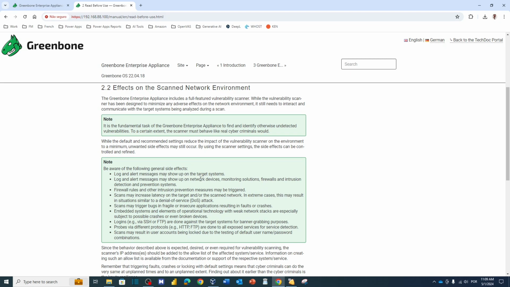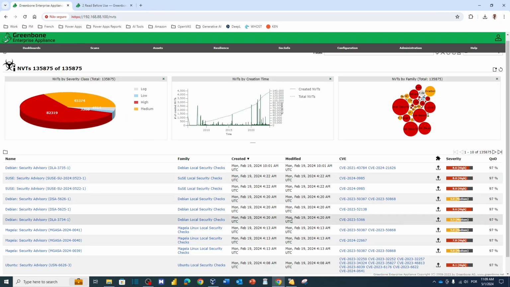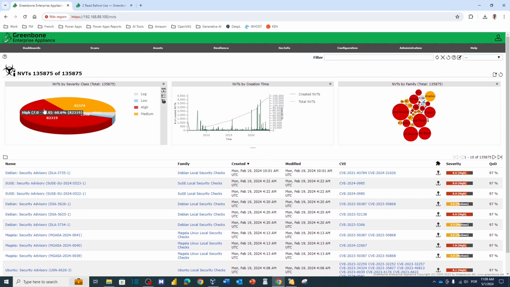Another very important thing that can happen during the scan is, as OpenVAS has so many NVTs, as you can see, this is the total number of NVTs available here. Sometimes we are scanning devices or targets within a network that has intrusion detection and prevention systems.